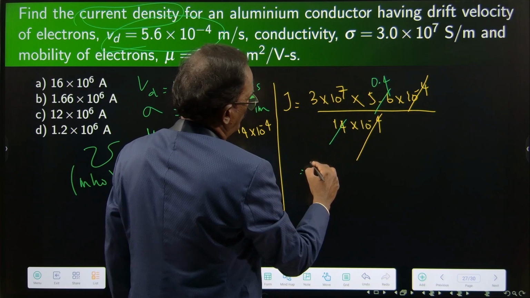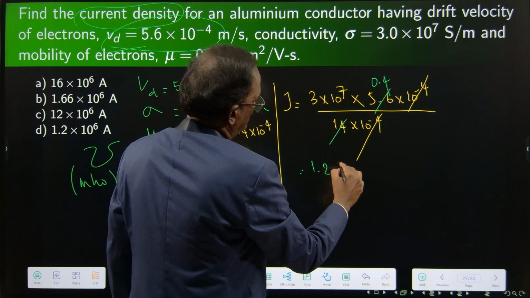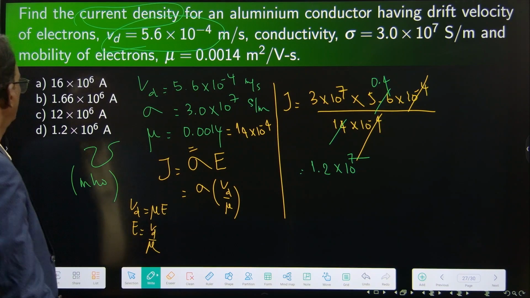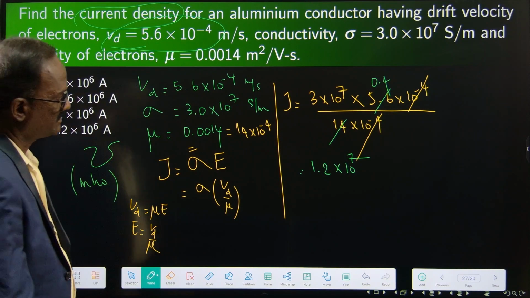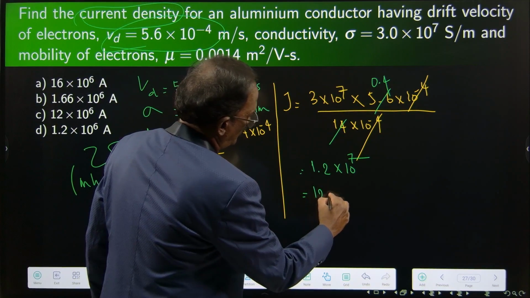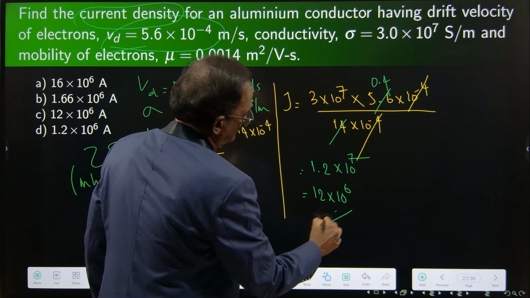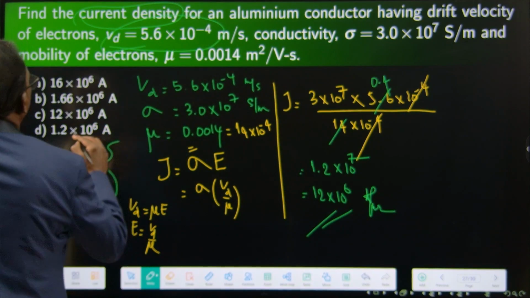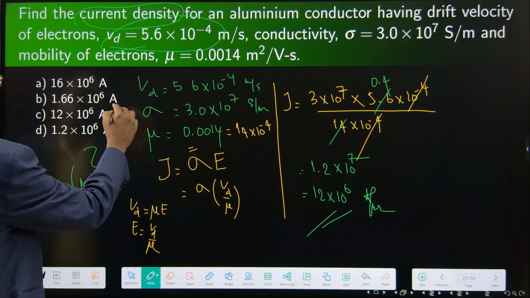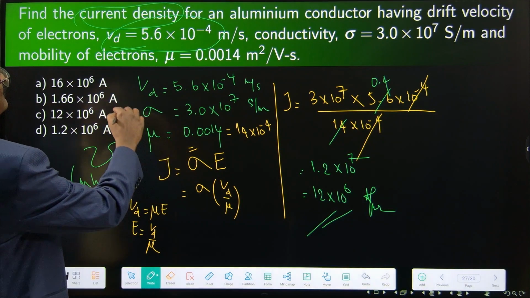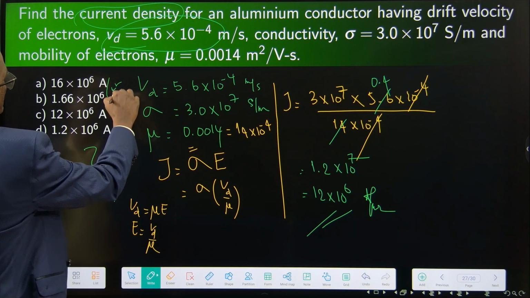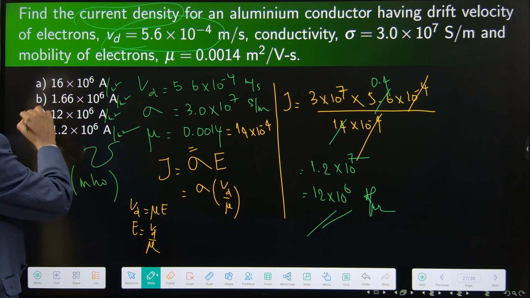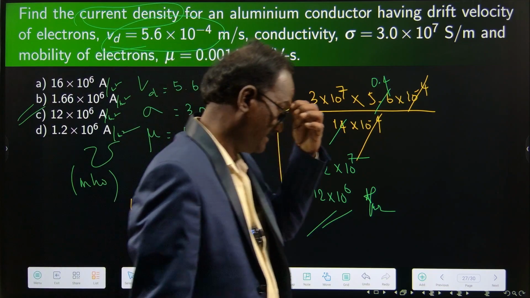So the answer is 1.2, 0.4 into 10 to the power of 7. All are 10 to the power of 6, 12 into 10 to the power of 6. Current density is ampere per meter square. So actually this meter square, the unit is option C.